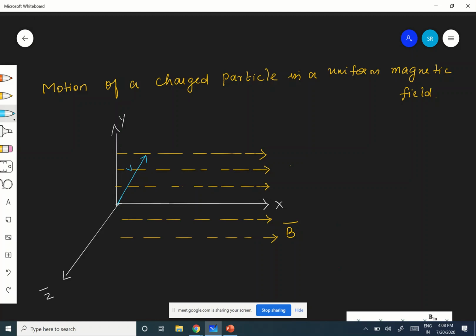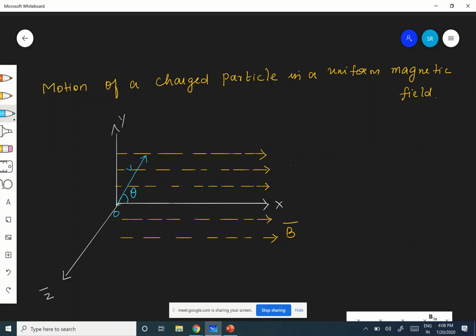Because your magnetic field is along OX, the charged particle enters the field by making an angle theta with the magnetic field. It is inclined at an angle theta with the magnetic field.